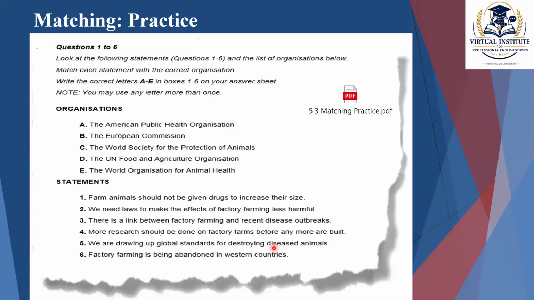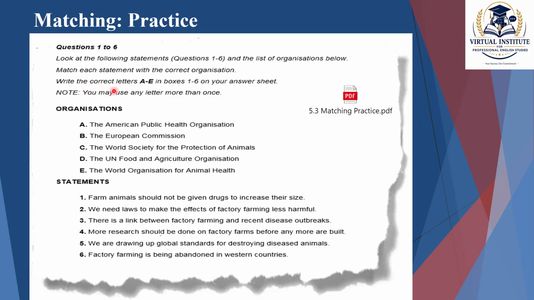Now, again, we have a practice session here. The instructions are: look at the following statements, questions 1 to 6, and the list of organizations below. Match each statement with the correct organization. So we need to take these statements and see which of these organizations are related to them.